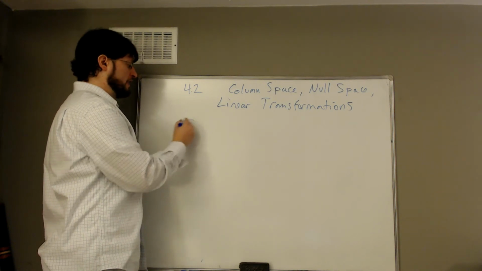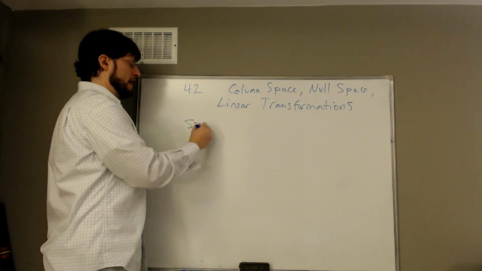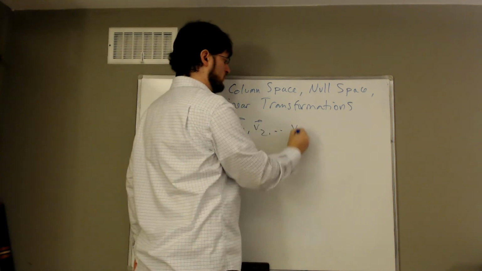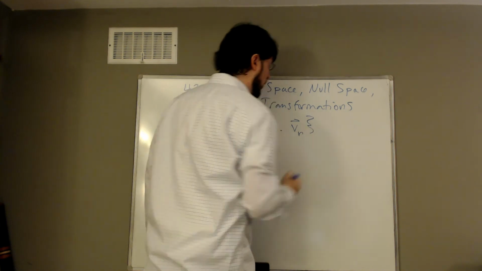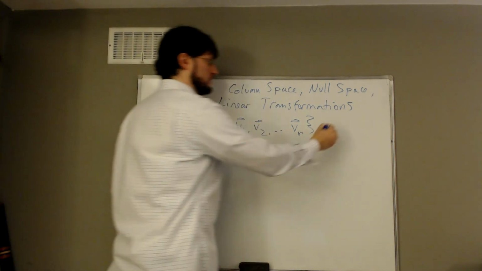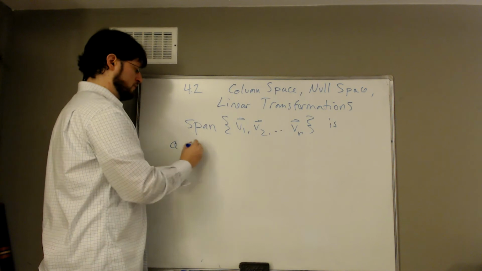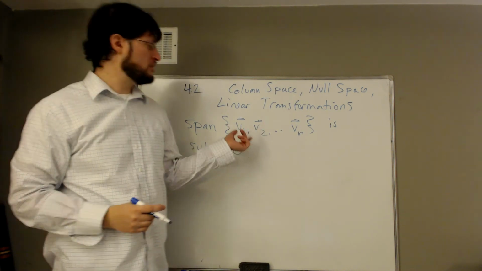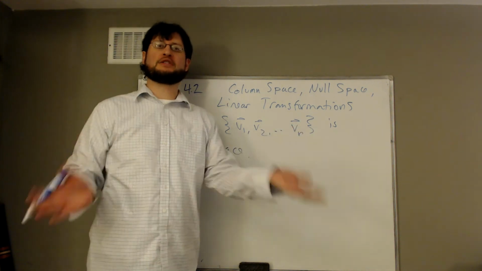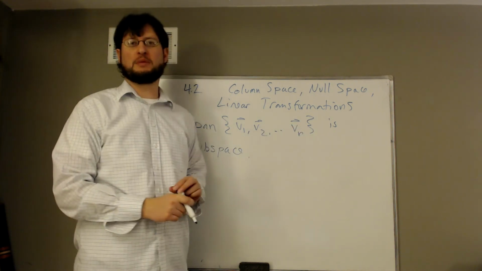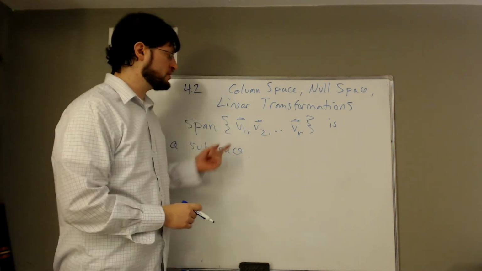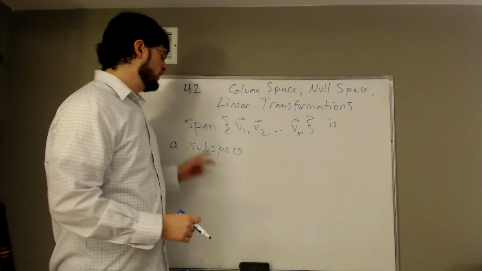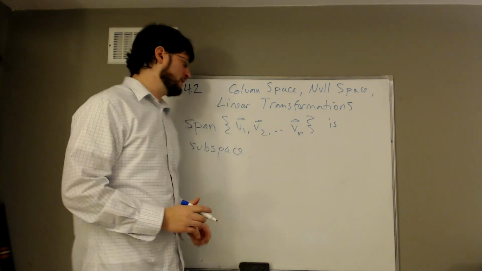But remember from last time, if I have any set of vectors v1, v2, through vn, the span of those vectors is always a subspace. Because when we take linear combinations, and you add two linear combinations up, you get another linear combination. If you scale a linear combination of vectors, you get another linear combination of those same vectors. So span is set up to be a subspace.